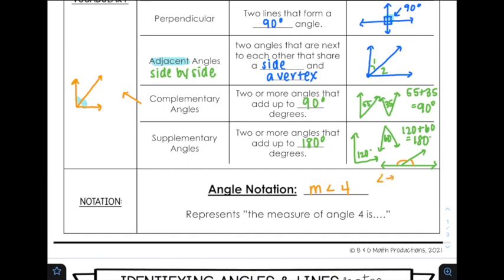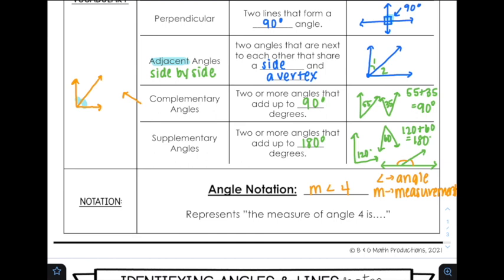M is your measurement. And again, this represents the measure of angle 4, the measurement of angle 4.